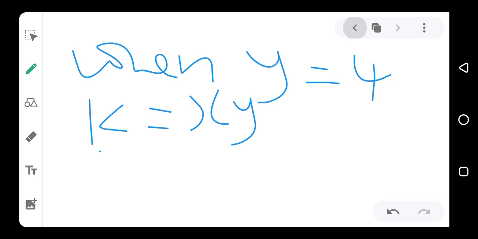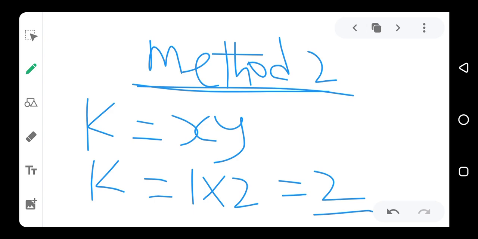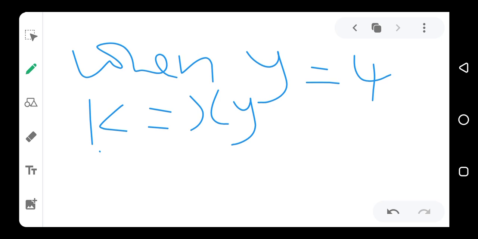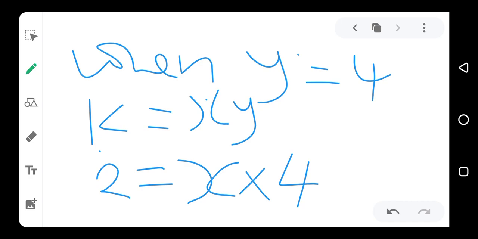So we put the 2 there. So we have that if y is equal to 4, we use 2 to replace k here, is equal to x. We are now looking for the second x when y is equal to 4, is equal to x times y, which is 4 times 4.